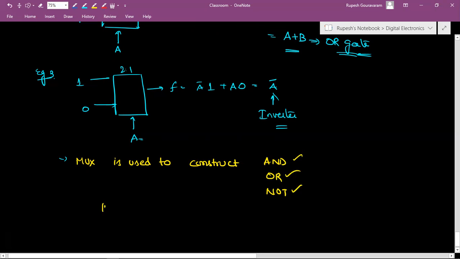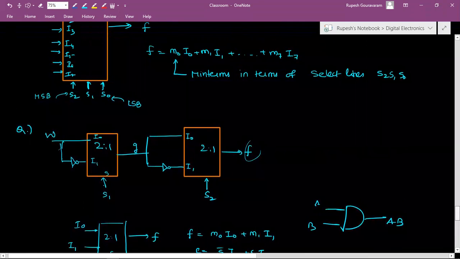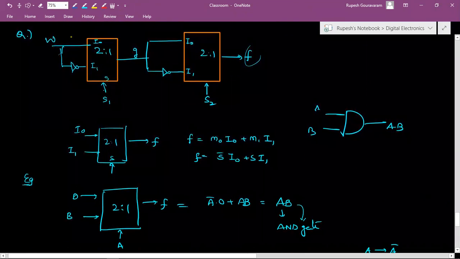Hence, mux is a universal gate, used to construct any gate. Now coming back to the given question. So this is the question given.